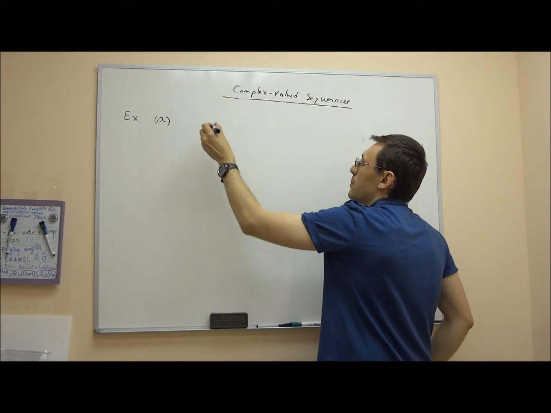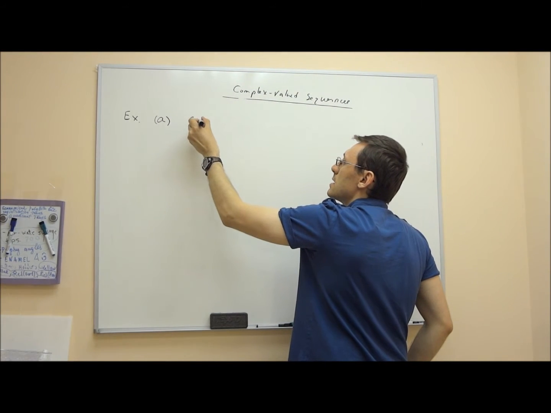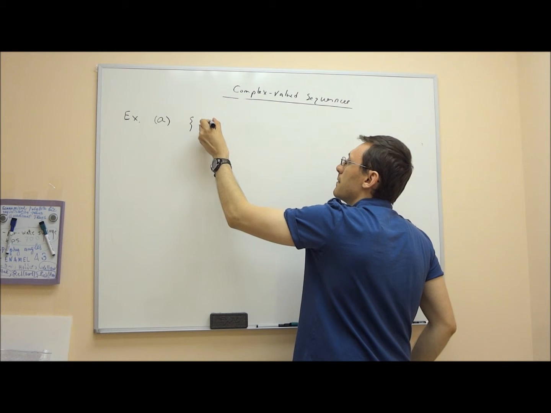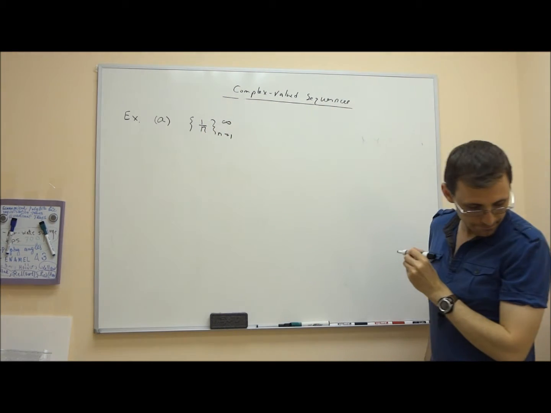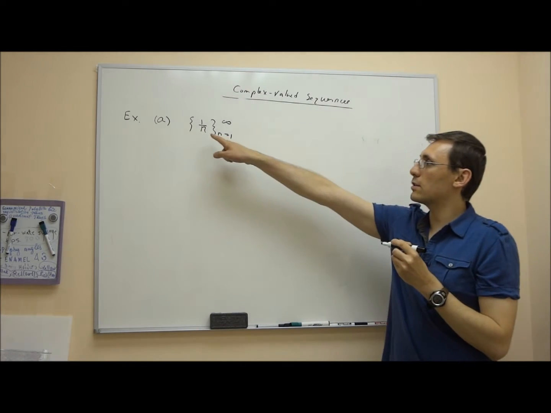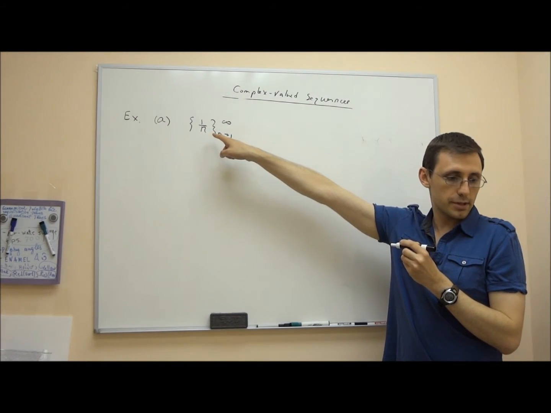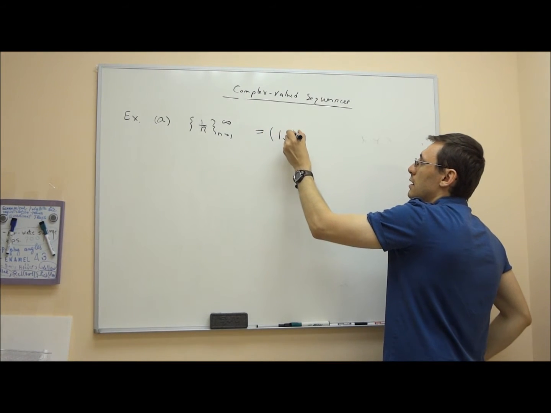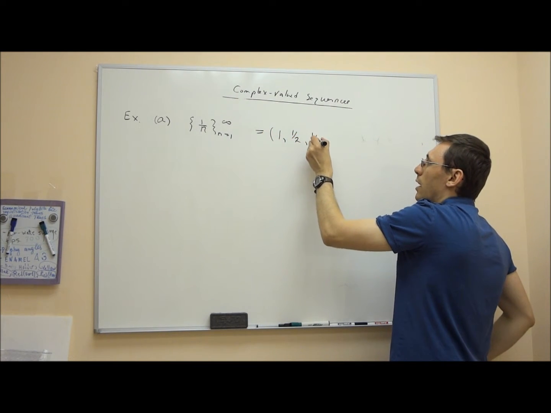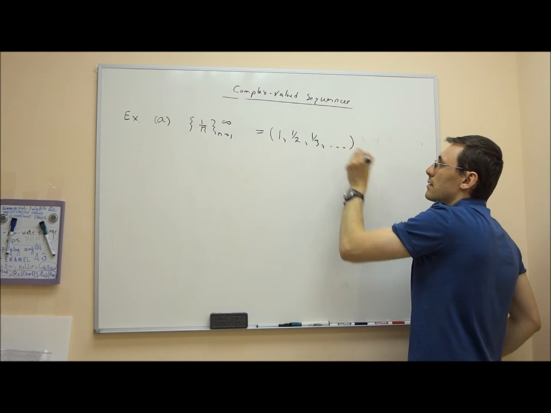So let's look at example A, where our sequence is 1 over n, where n goes from 1 to infinity. So this is a complex valued and in particular a real valued sequence. The outputs are, you can also list it as 1, 1/2, 1/3, onwards.